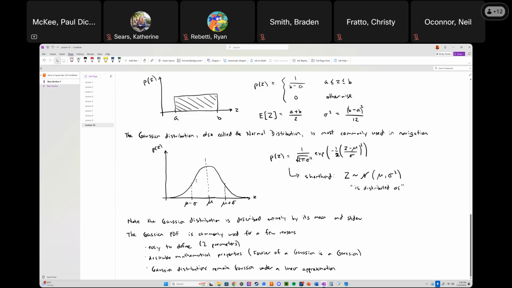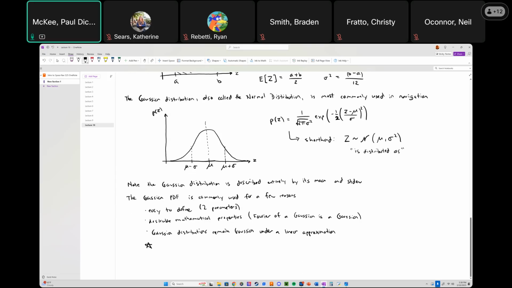But the big one is central limit theorem. Which says that the mean of a sufficiently large number of independent random variables will approach a Gaussian.